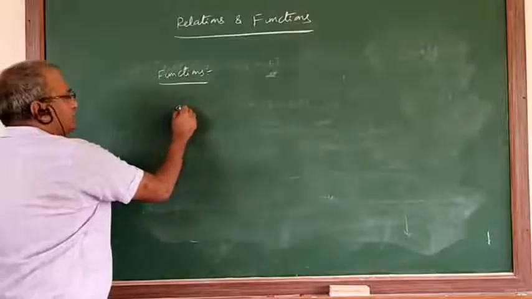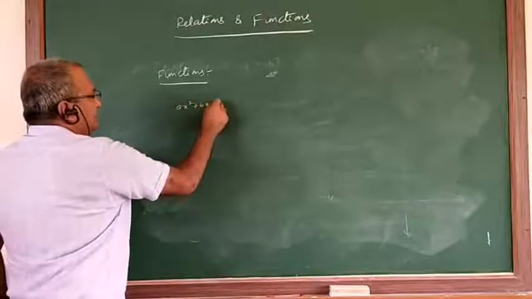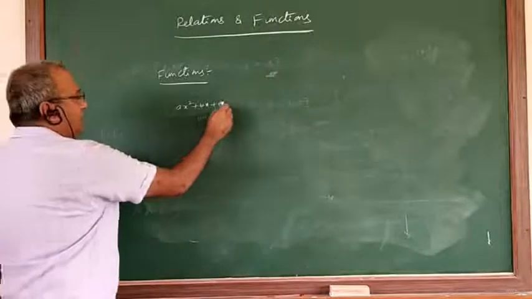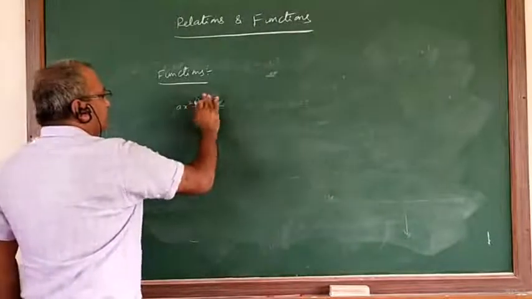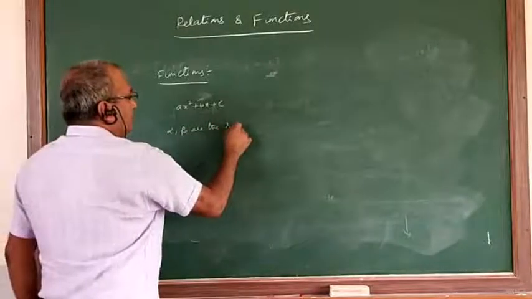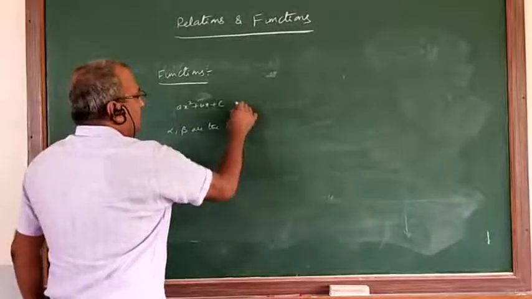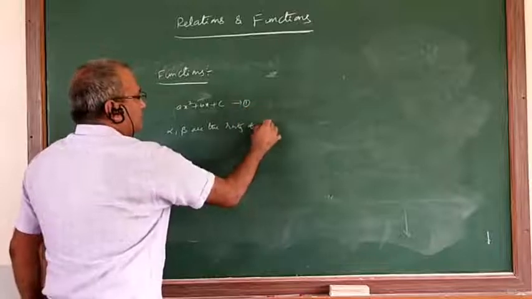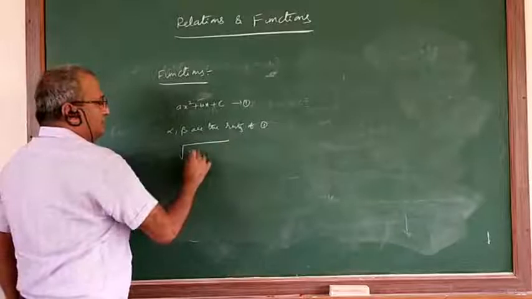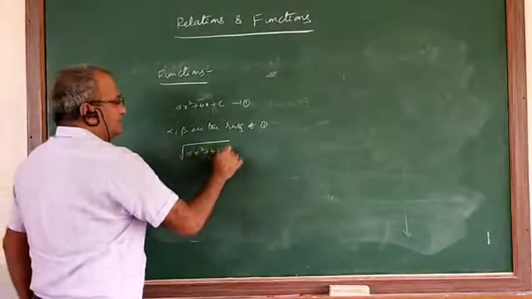See, ax square plus bx plus c is a quadratic expression. Alpha, beta are the roots of this. Suppose it is under square root, ax square plus bx plus c.